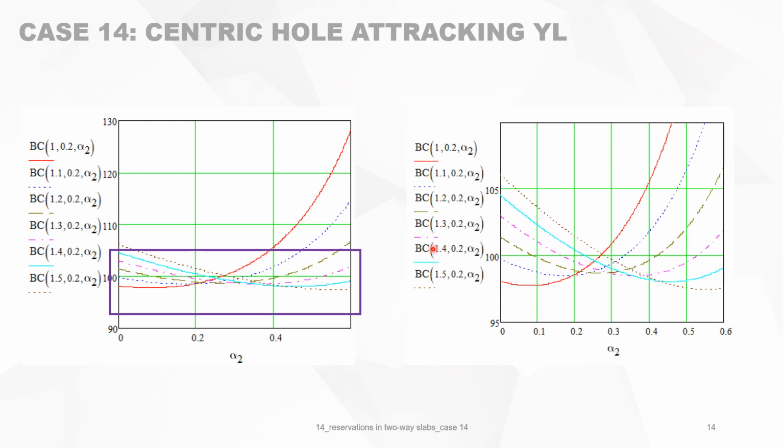For instance, if you have a square slab, then you have the red curve, and a reservation of 0.2 times something, and if you have 0.2 times 0.1, that's the worst thing you can do. So you should at least have the size such that the bearing capacity is bigger than this point, because at that moment you are safe. You will have a bearing capacity which is bigger than 100.